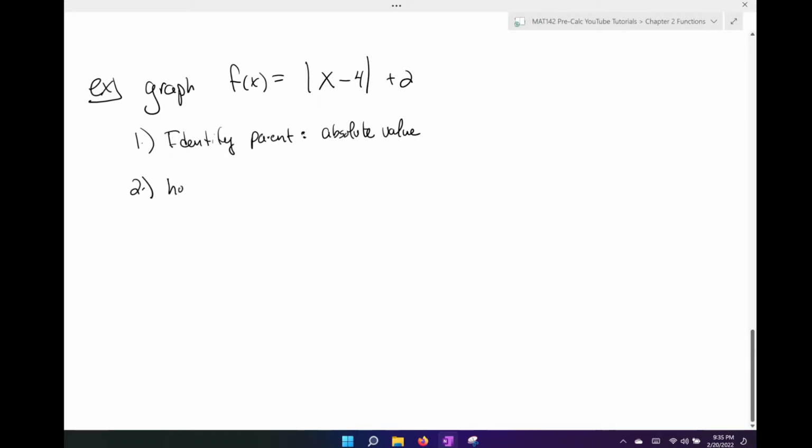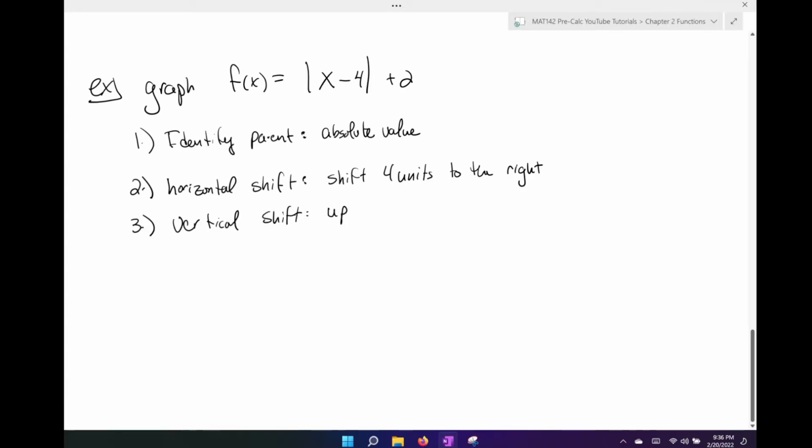Let's do our horizontal shift. Well, since this is minus 4, we're going to shift 4 units to the right. And then finally, the vertical shift. And this will be shift up, or shift 2 units up.